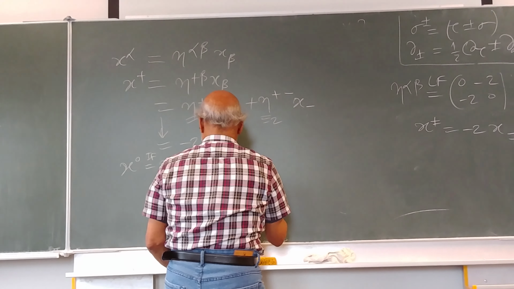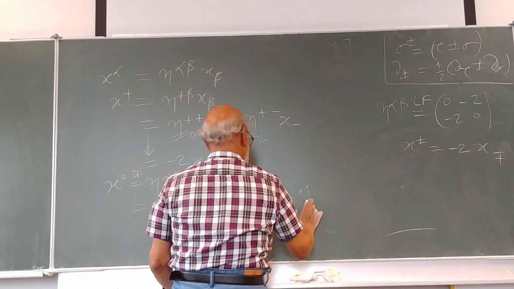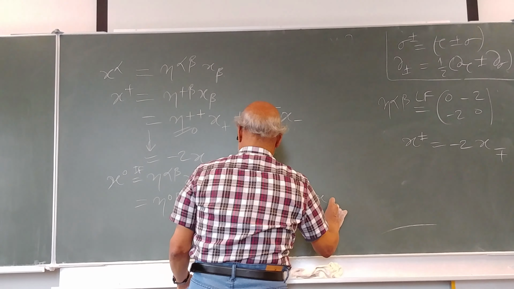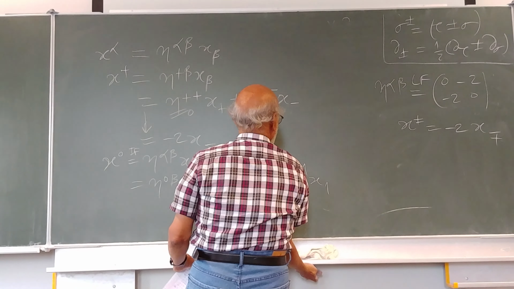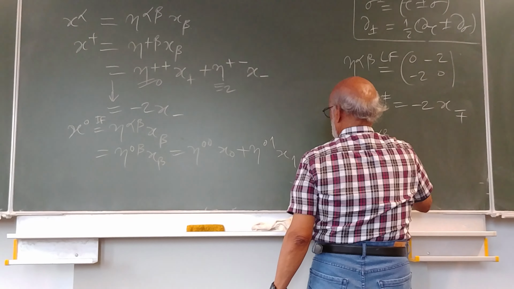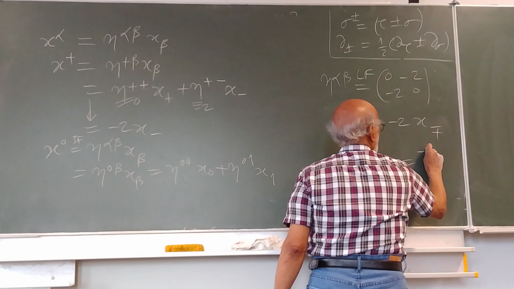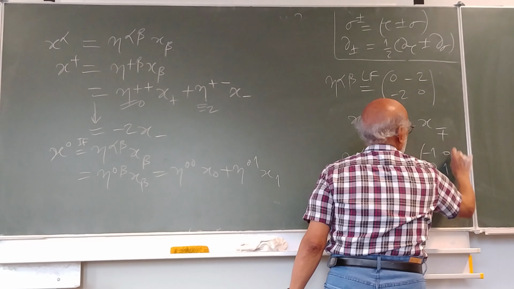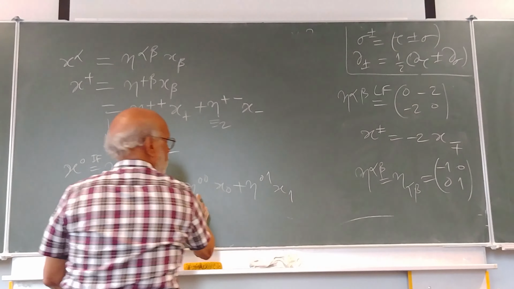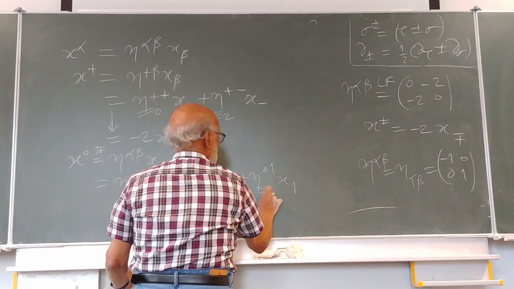So eta 0 0 x0 plus eta 0 1 x1. Now here eta alpha beta is equal to minus 1, 0, 0, 1. So this is minus 1 and this is 0.